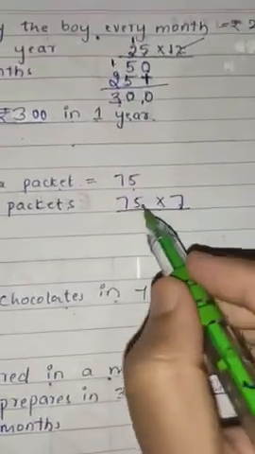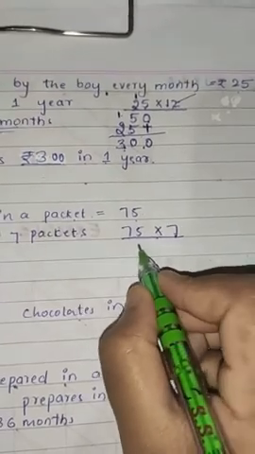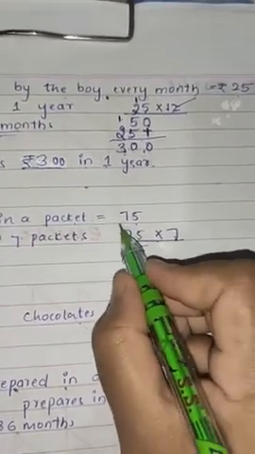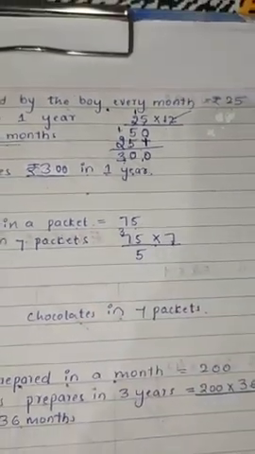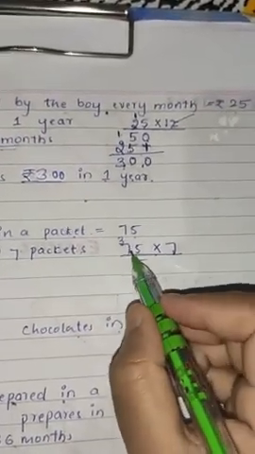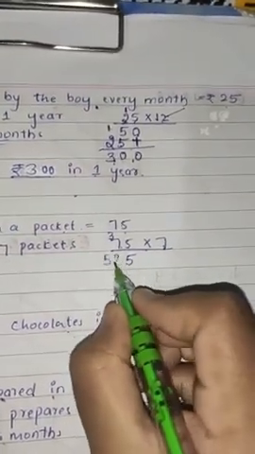So 7 5s are 35. So we'll write here 5 and this 3 will carry over to the next place. So 7 7s are 49. 49 plus 3 is 52, right?